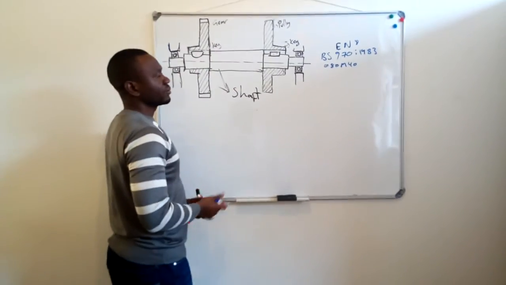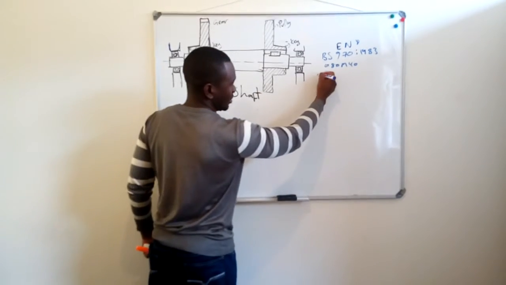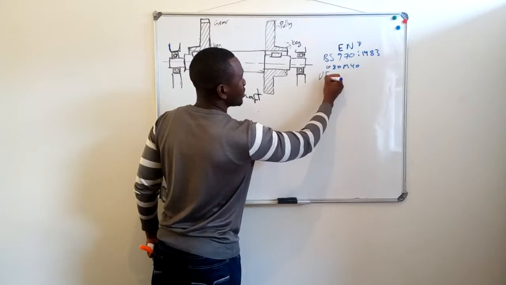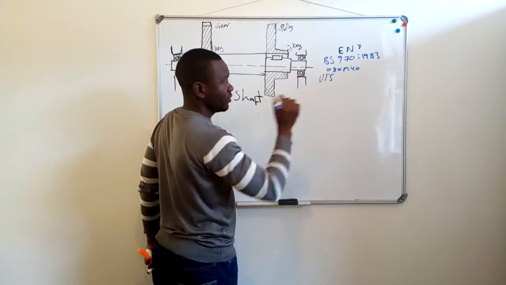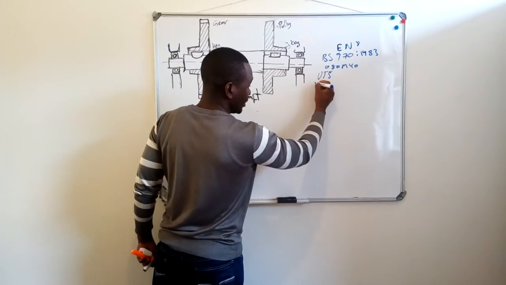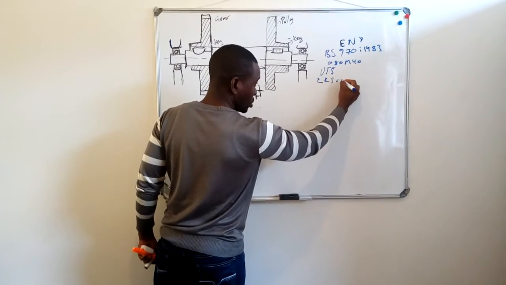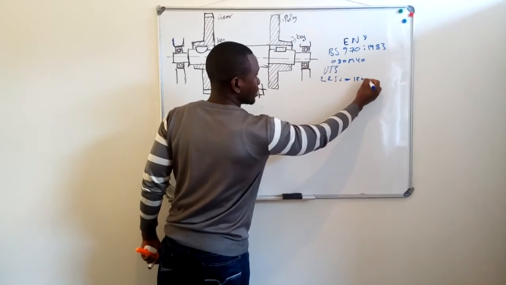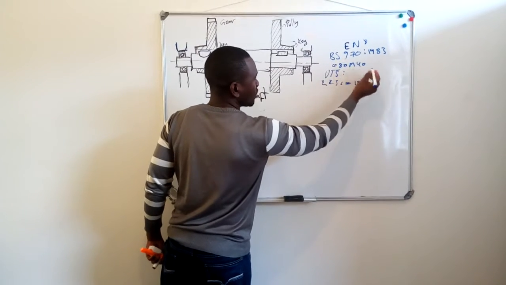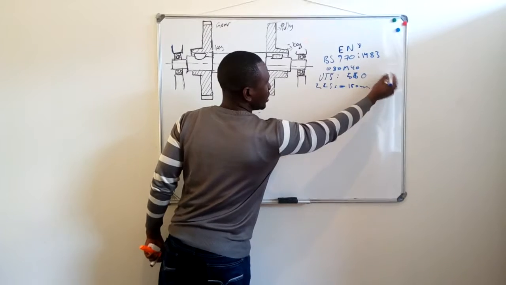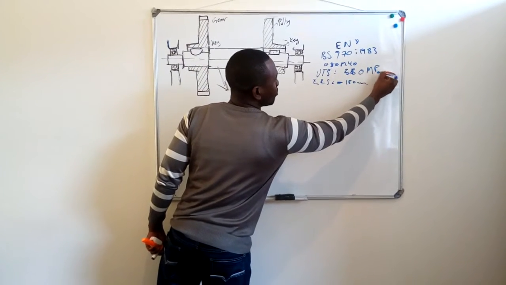So what's happening here? We all know that EN8, if it's normalized and under the limiting ruling section of 6 to 150 millimeters, has a UTS of 550 MPa minimum.